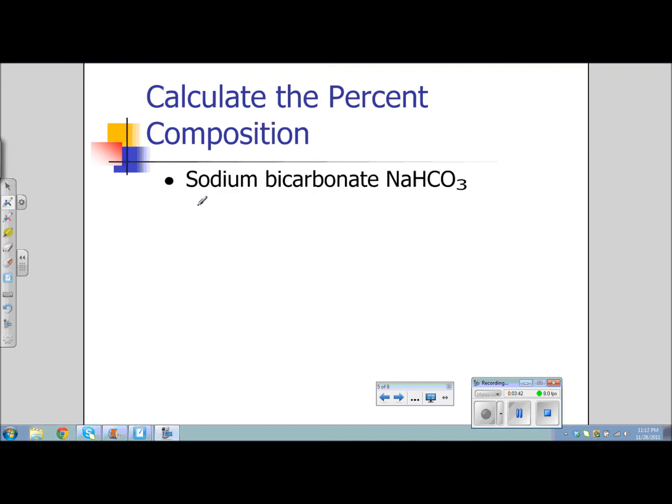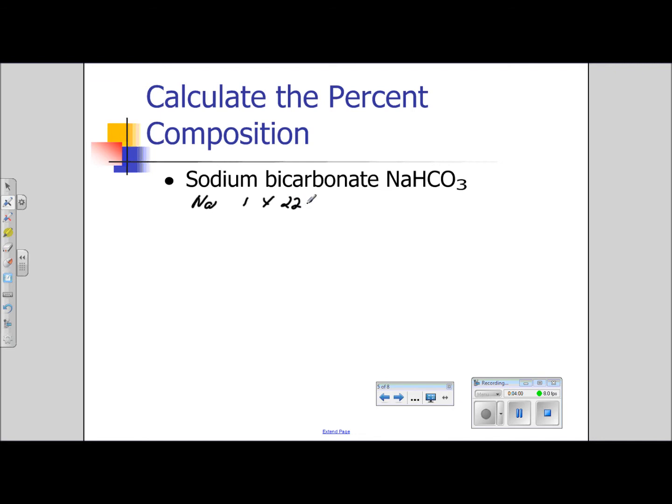All right, the first thing we're going to do is to calculate the molar mass of the sodium bicarbonate. So I'm going to write Na, and there is 1 sodium, so I'm going to say 1 times, look it up on the periodic table, 22.99 grams.